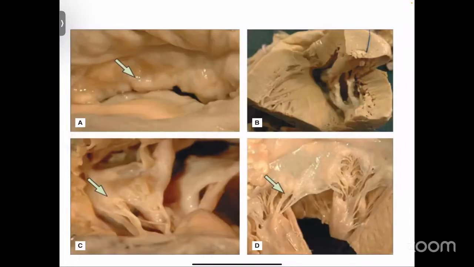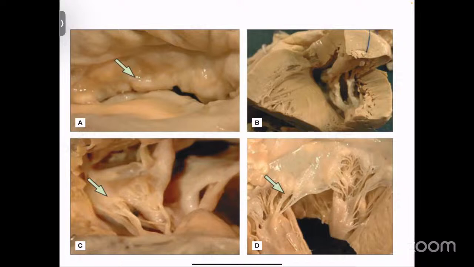In this image, we can appreciate the calcification of the mitral valve with a thickened, rigid, nodular appearance of the mitral valve viewed from the atria in the left upper image.